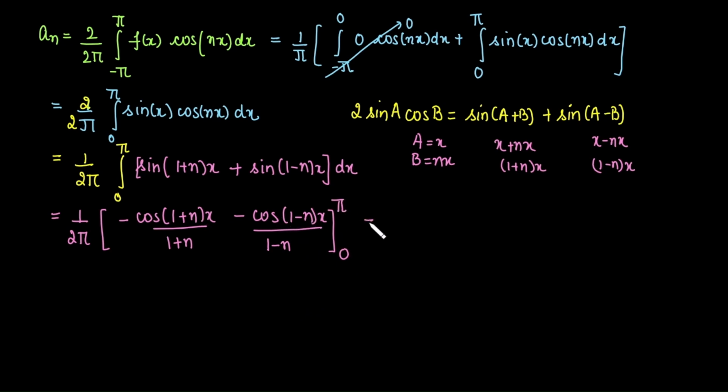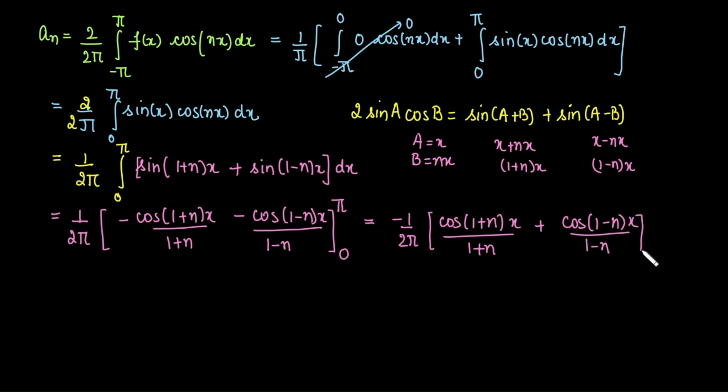We can also write this as minus 1 by 2 pi cos of 1 plus n into x divided by 1 plus n plus cos of 1 minus n into x divided by 1 minus n. In this step, we have taken negative sign outside. Now substitute the upper limit and lower limit.